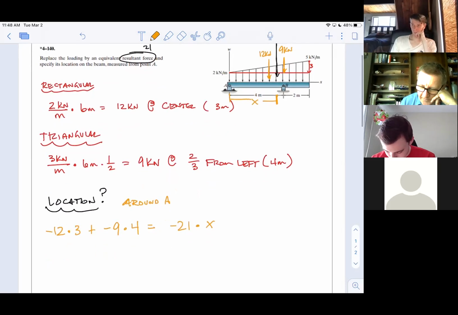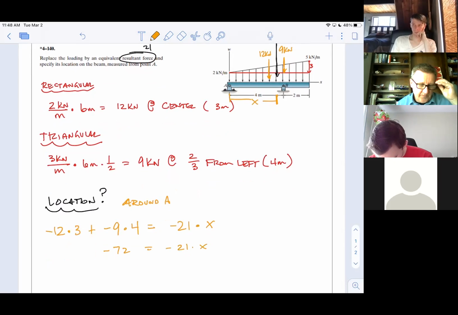So let's see, I get negative 36 and negative 36, which is negative 72. So if I divide both sides by 21, 72 divided by 21, I get a distance of 3.43. X is approximately 3.43 meters. There.